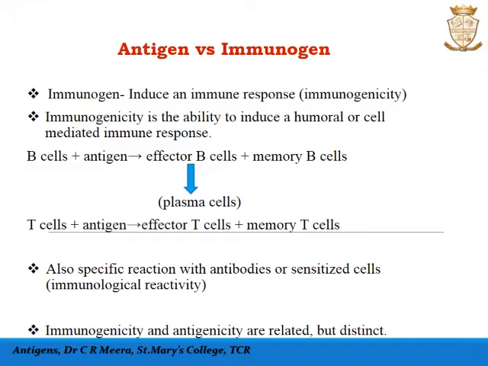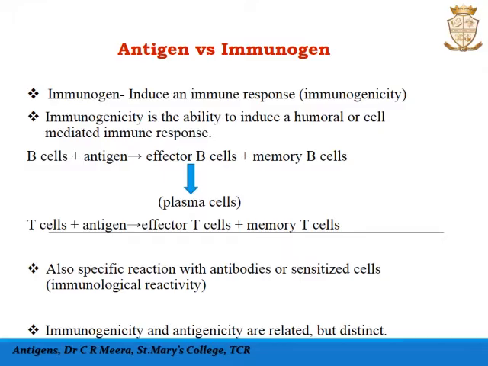An immunogen, when bound to B lymphocytes, induces the differentiation of plasma cells as well as memory cells. Antibodies will be produced by plasma cells, leading to humoral immune response. On the other hand, as we mentioned in the previous slide, binding with T cells leads to the production of T effector cells and memory T cells, and thus sets up cell-mediated immunity.